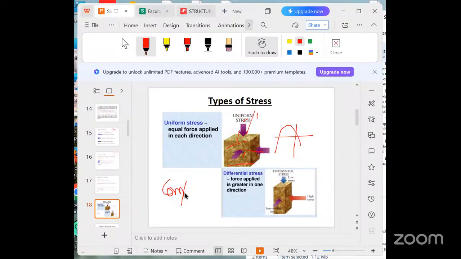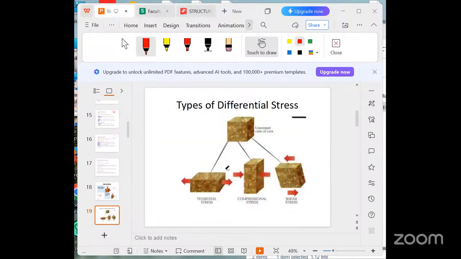The normal component is a compressive stress. It's called compressive stress if it tends to push together the material on opposite sides of the plane. You see here, this is the compressional stress.